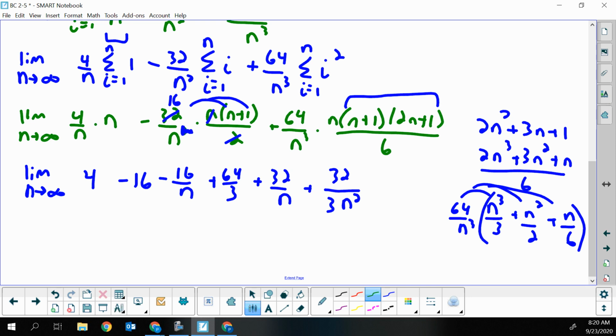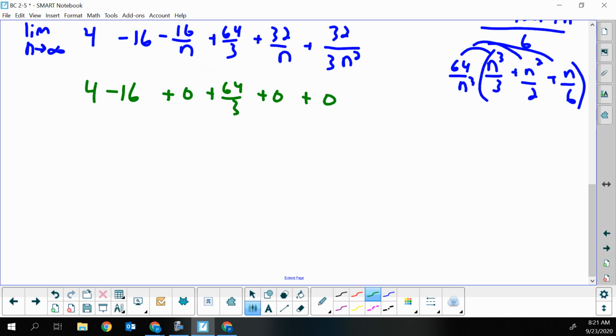Because now we can just imagine n goes to infinity. Well, the constants stay. Anything with n's in the denominator, when the denominator gets huge, those are going to go to 0. So this will be 0. This is a constant, it stays. This will be 0, and this will be 0. So this is really minus 12 plus 64 thirds.